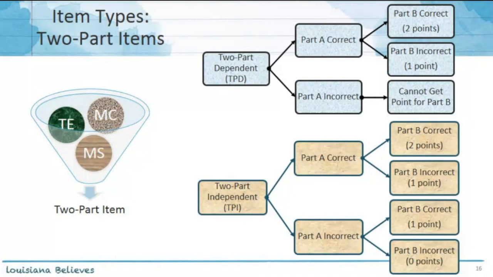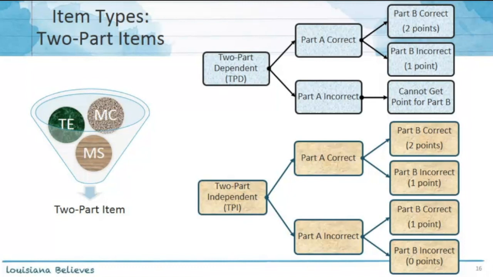So a student can get part A correct and part B incorrect and still get partial credit. A and B do not rely on each other. It's worth 2 points, but they can get 1 point if one of them is wrong.